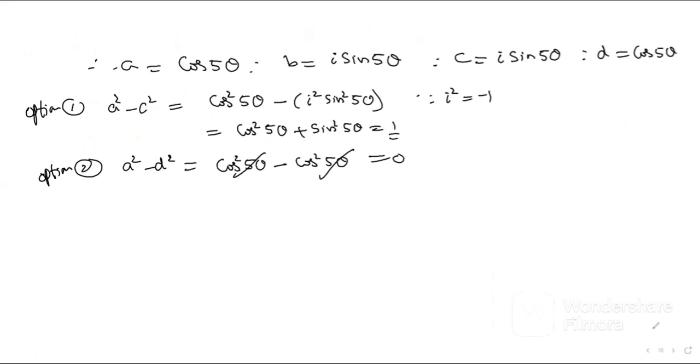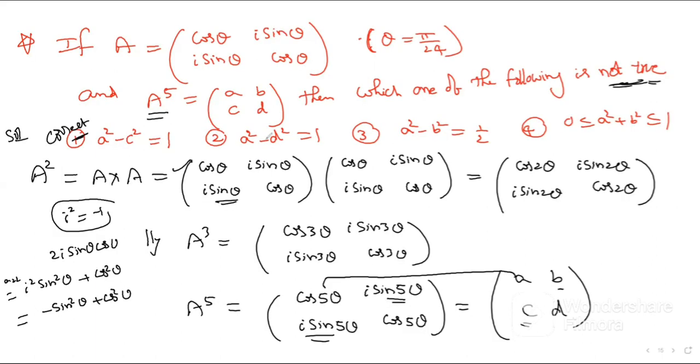But the statement says a square minus d square is equal to 1. This is not correct.